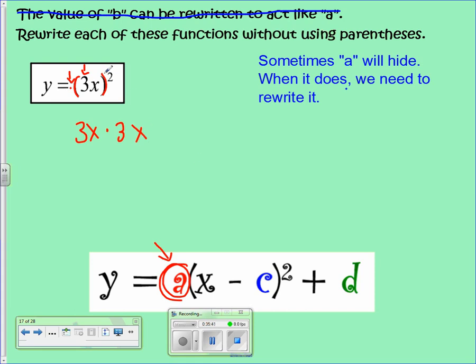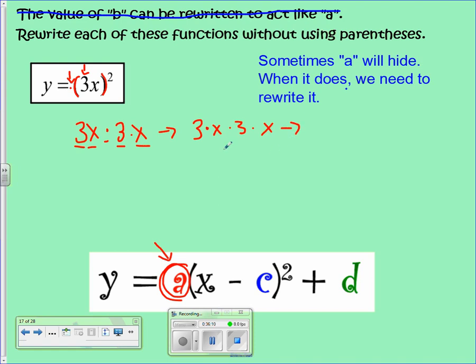Whenever something is squared, all it means is that we are multiplying it with itself. Okay? We are multiplying it with itself. So 3x times itself. Okay? Now we can break this down further into 3 times x. We have 3 times x right here times 3 times x. Okay?